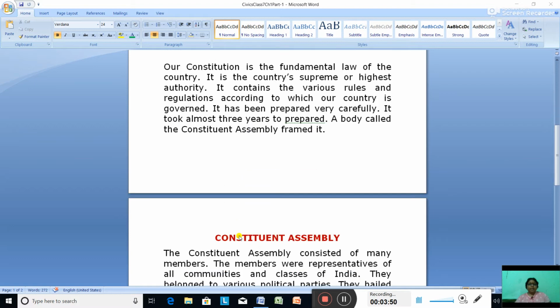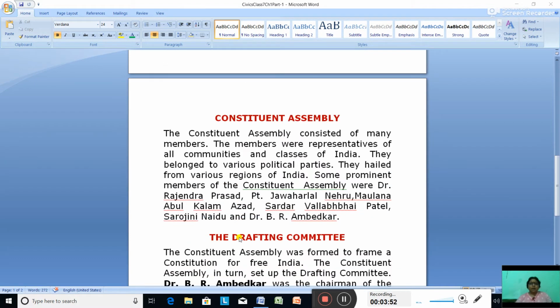Next you have the Constituent Assembly. The Constituent Assembly framed the Constitution of India. It consisted of many members, and these members were representatives of all communities and classes of India. They belonged to various political parties.